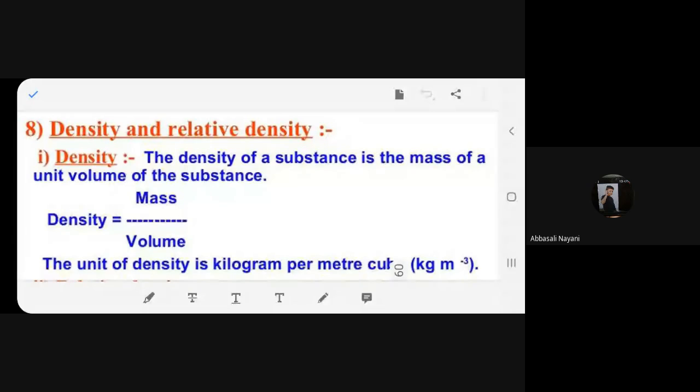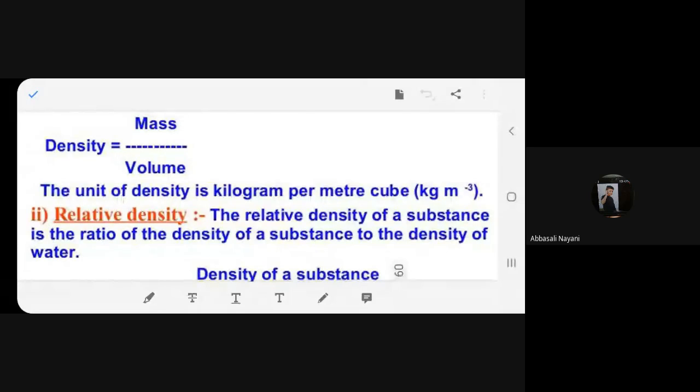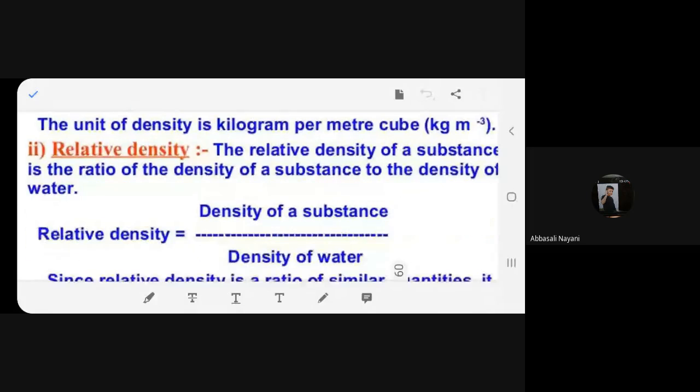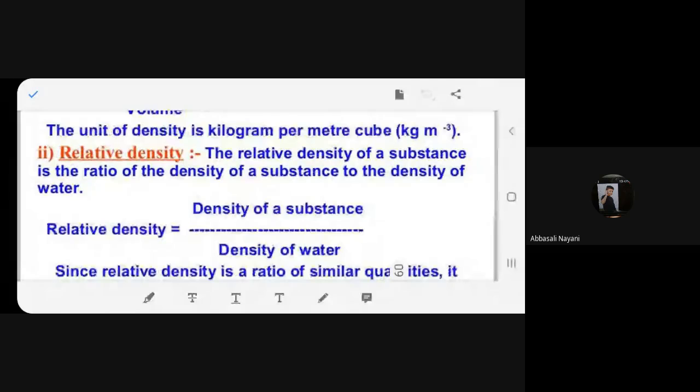Density and relative density. Density: the density of a substance is the mass of a unit volume of the substance. Density is mass by volume. The unit of density is kilogram per meter cube. Second, relative density: the relative density of a substance is the ratio of the density of a substance to the density of water.